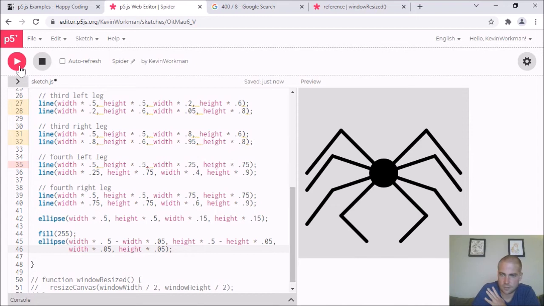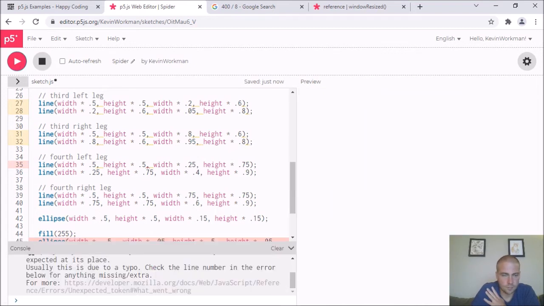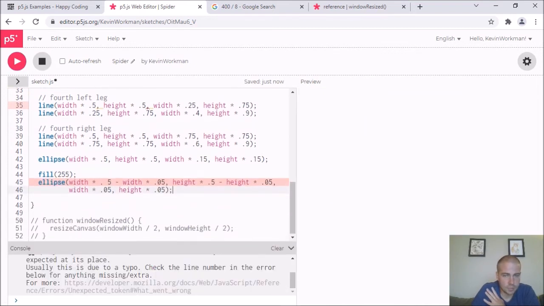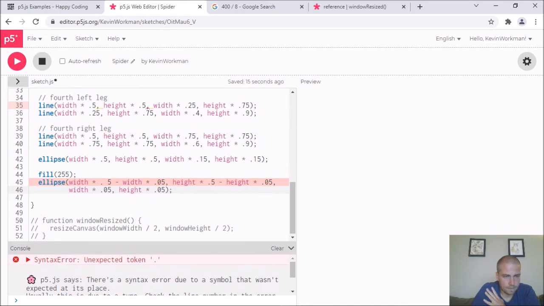So it's all good. Well, it's not going to look good if I completely broke my syntax. So width times 0.5 minus blah, blah, blah. Height times minus width. Yeah, that should work, right? I'm sure it's something. So, oh, there's a space.